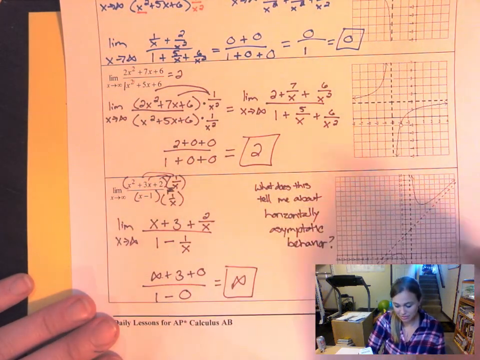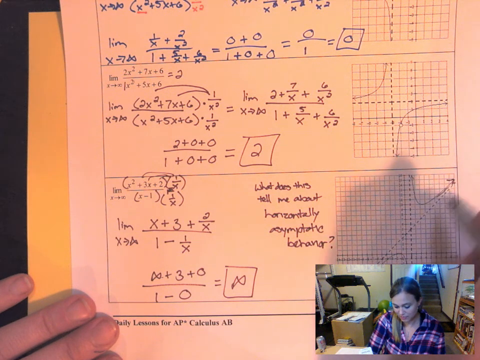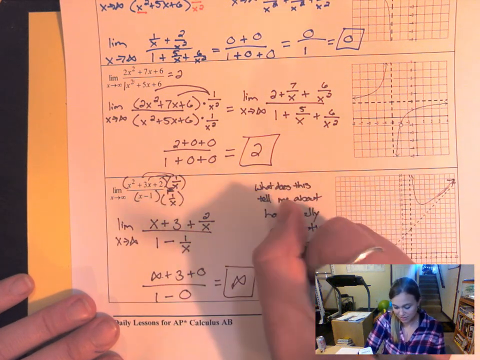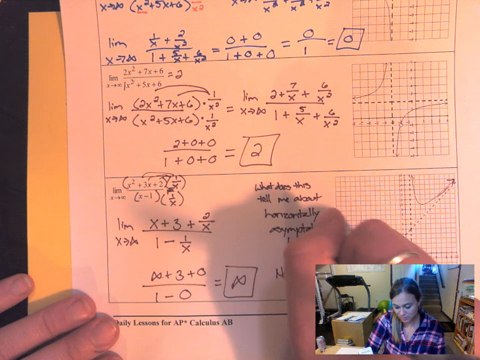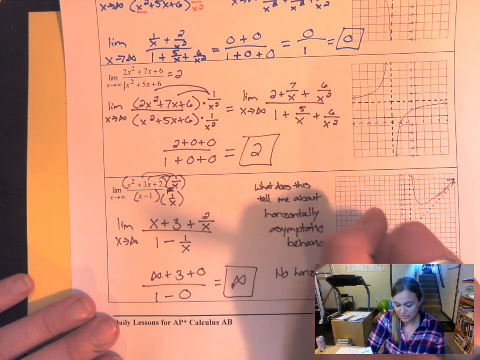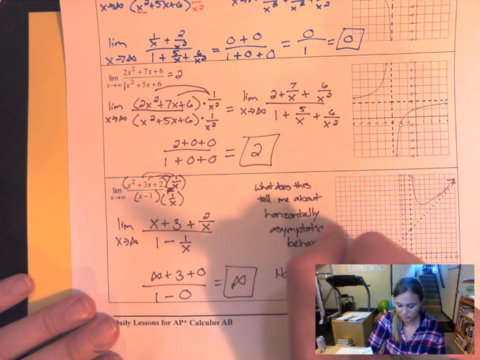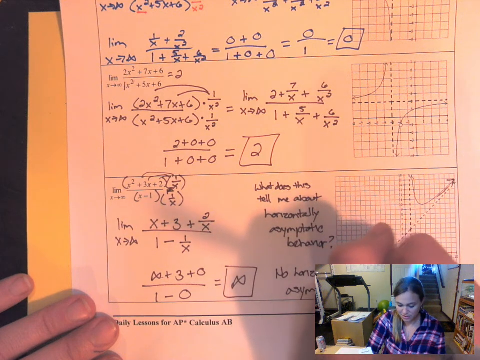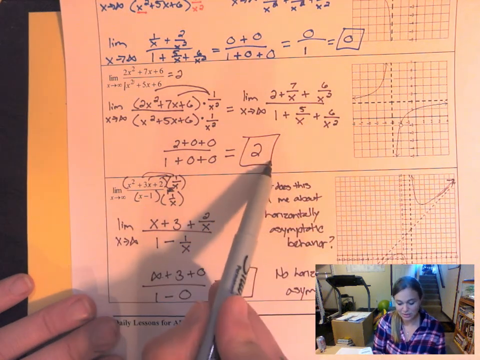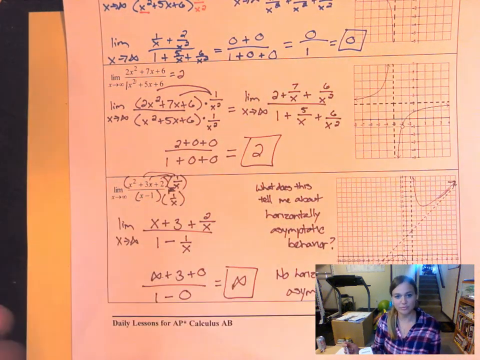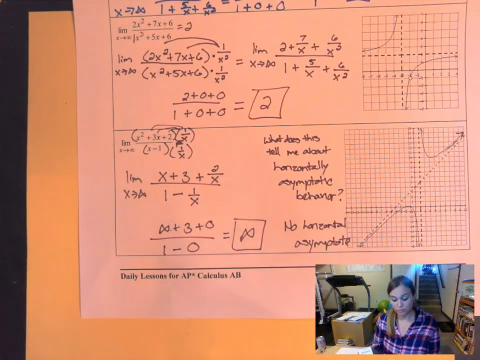So this one, as x approaches infinity, I'm going to infinity. There is no horizontal asymptote. You could say there was a slant asymptote, but you wouldn't have to. In these ones I can see there's a horizontal asymptote at y equals 2, at y equals 0. But we'll save that for another day.